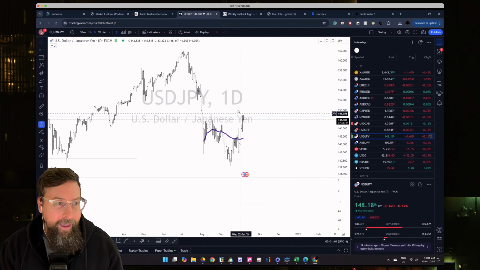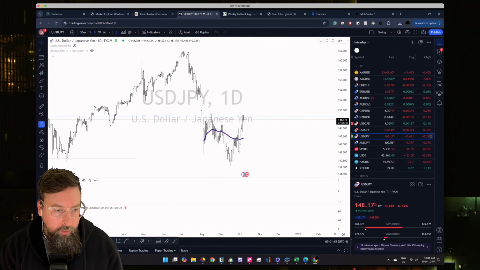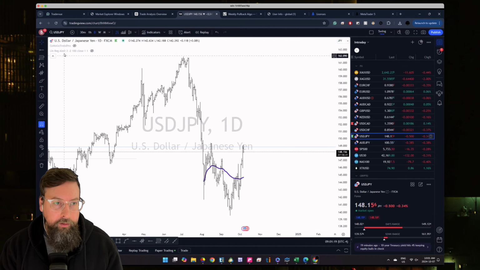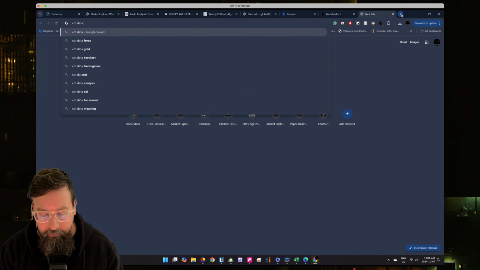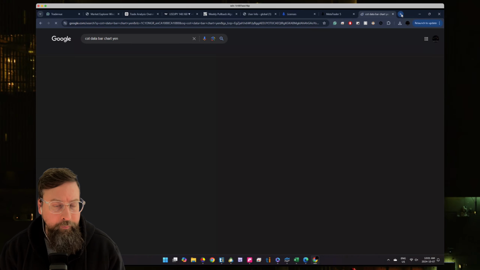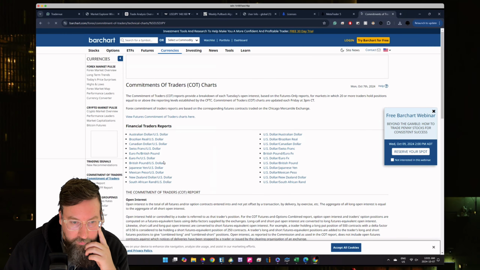Everybody, I do this kind of off screen, but maybe next week I'll do this more on screen. Every weekend there's commitment of traders data. Actually, I should just do COT data bar chart, yen. It's doing it live, as they say.